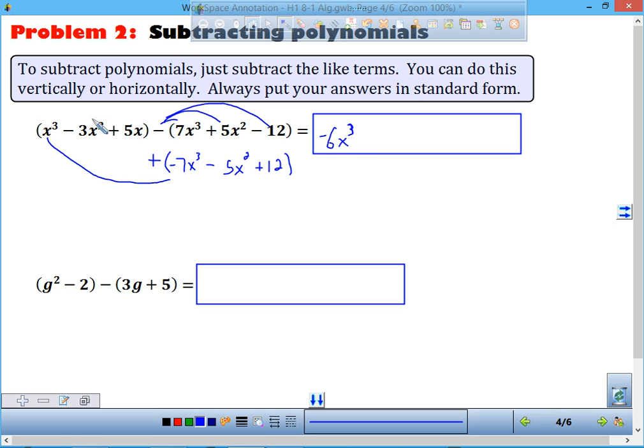And then I have negative 3x squared and negative 5x squared, which gives us negative 8x squared. And then I have just 5x. That's the only x term I have, so we say plus 5x. And then the last thing I have is this plus 12 down here.